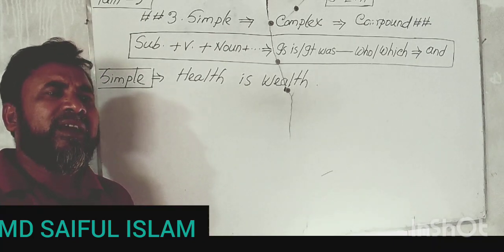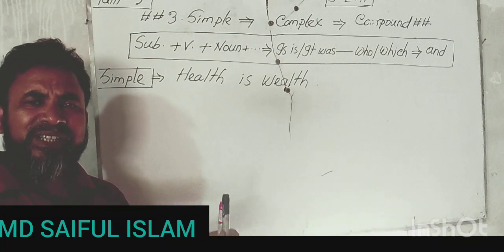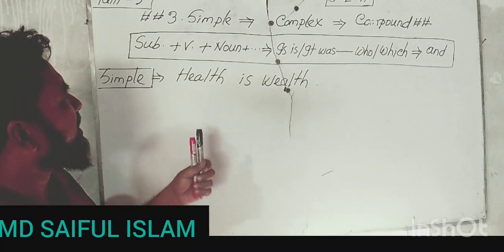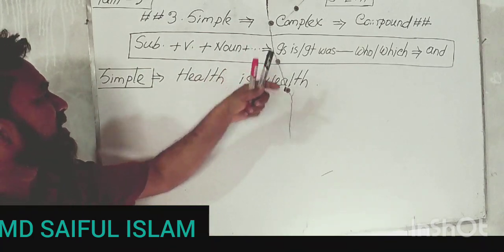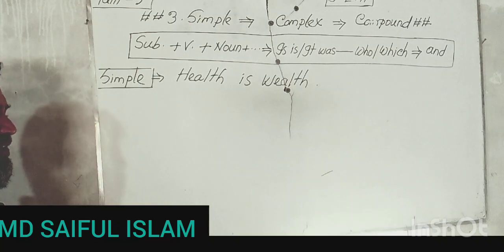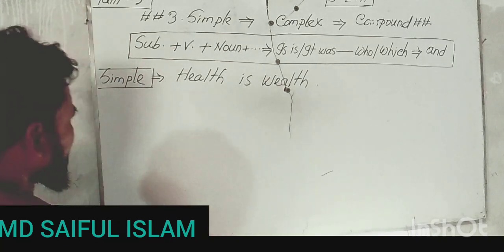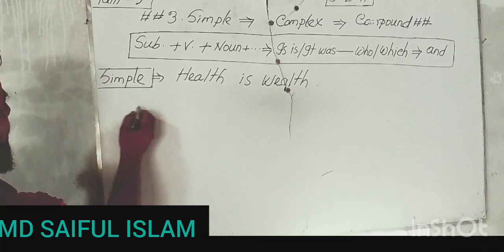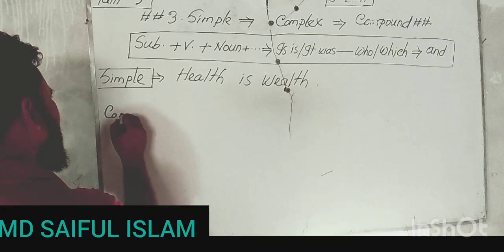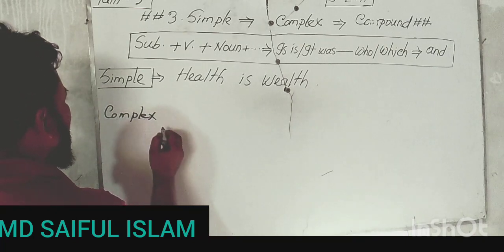So viewers, I am discussing how to convert such simple sentences into complex and compound sentences. So viewers, no delay, let's try to write down. At first, according to structure, we'll turn or transfer it into a complex sentence.